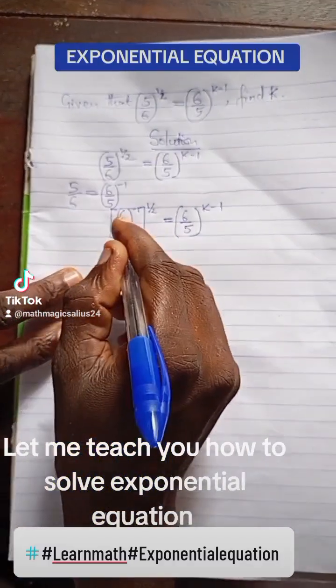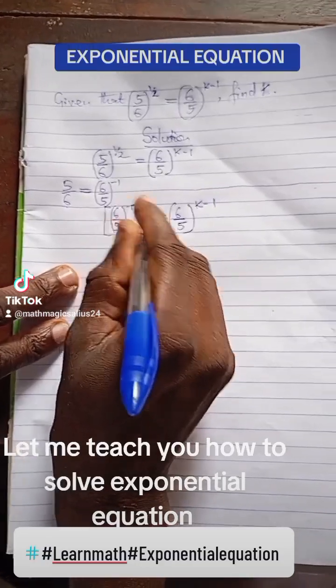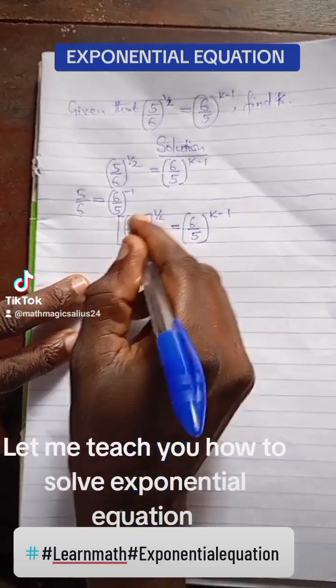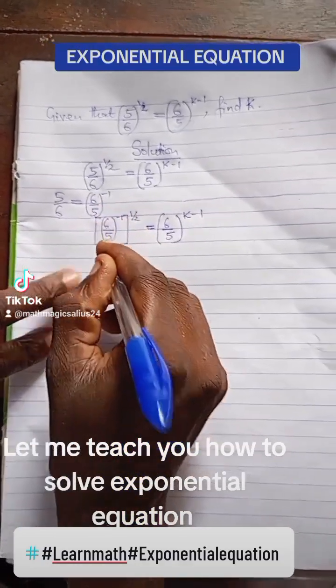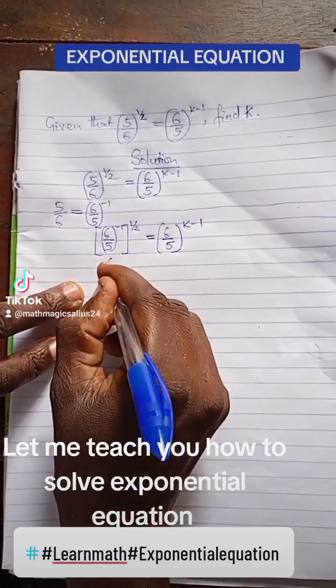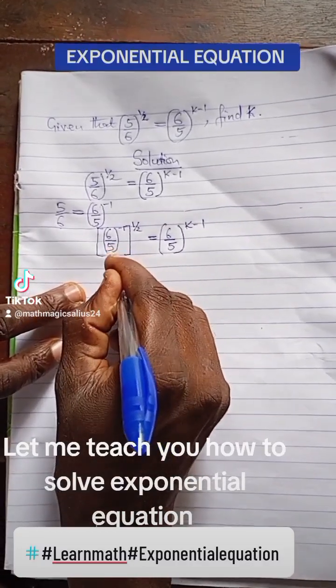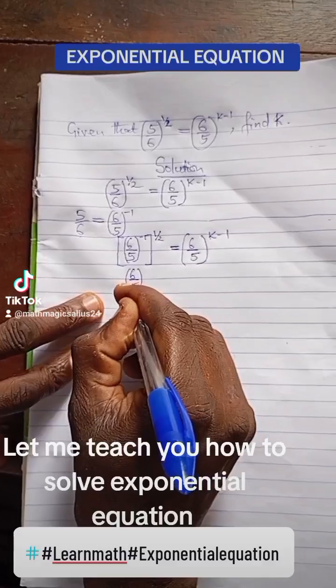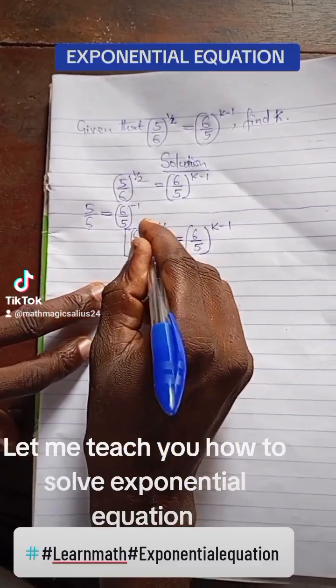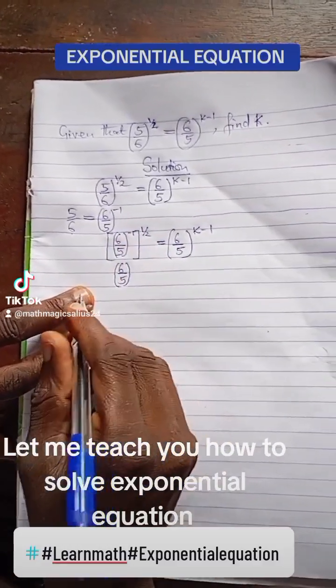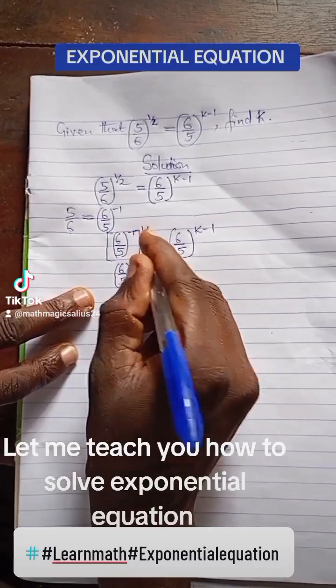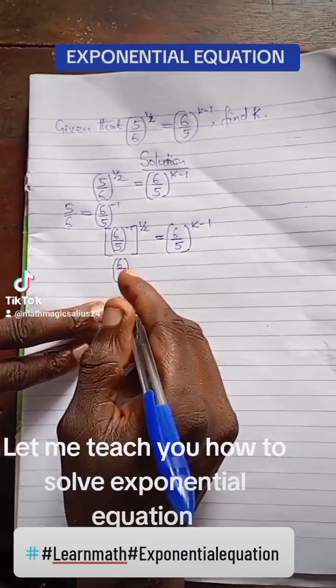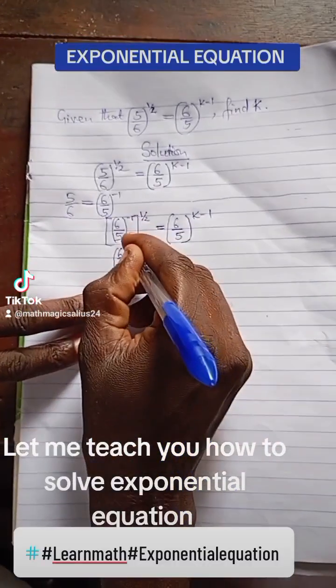Now, I'm going to simplify the power. Before that, I will first write down 6/5. Then I'll use this minus 1 to multiply 1/2. If minus 1 multiplies 1/2, it will give me minus 1/2.